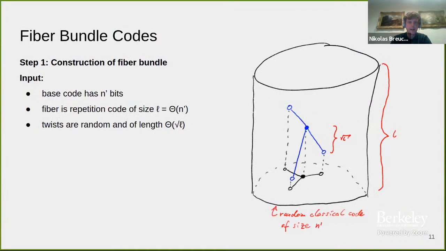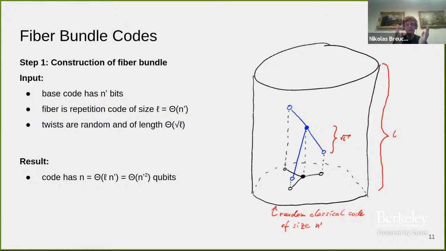Okay, let me be slightly less vague. So the base code, let's say, has n prime bits. And the fiber is a repetition code, which we choose as of the same length as the base code. And the twists have to go along length of square root of L. Then the total code has n prime squared qubits.